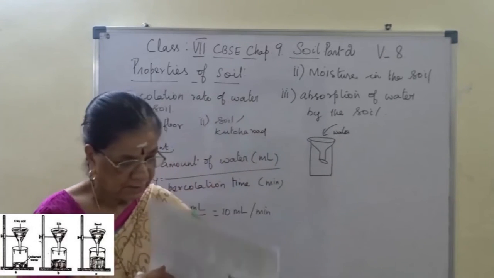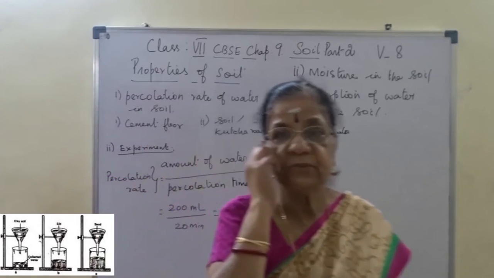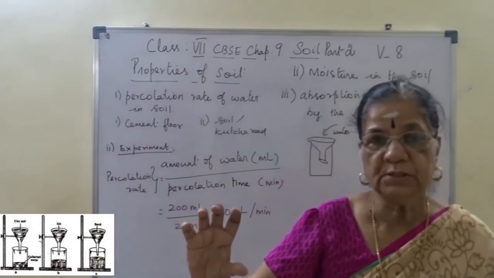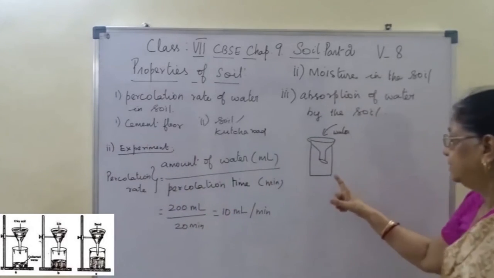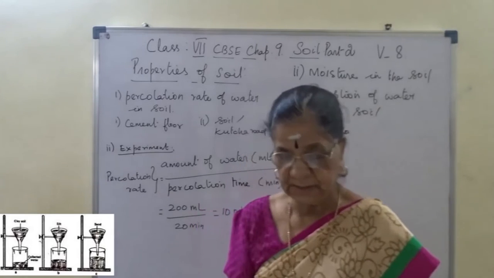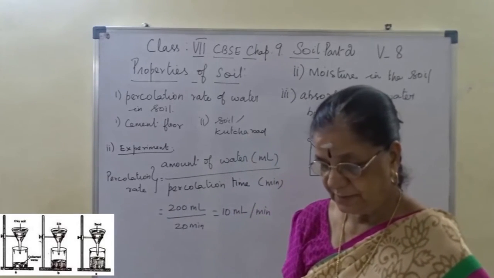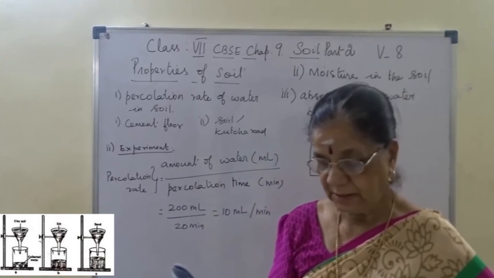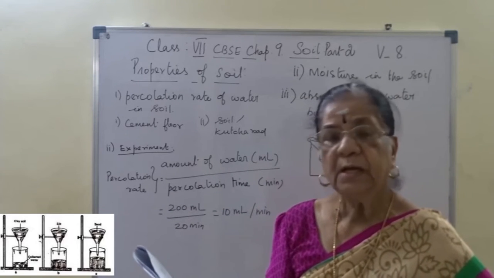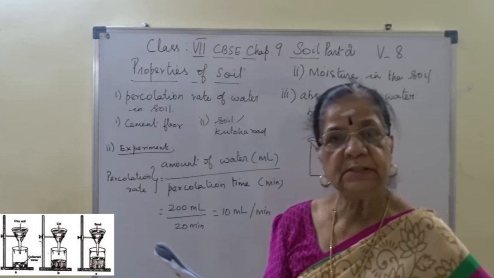I have taken only one beaker, but there are 3 beakers in the experiment setup. Take a plastic funnel. The question is the property of absorption of water by the soil.